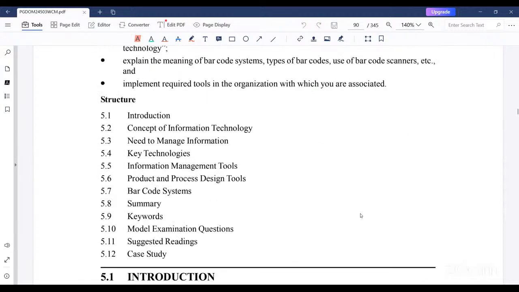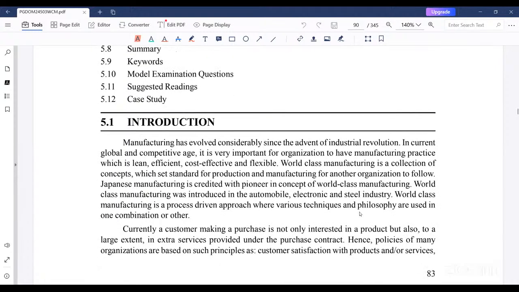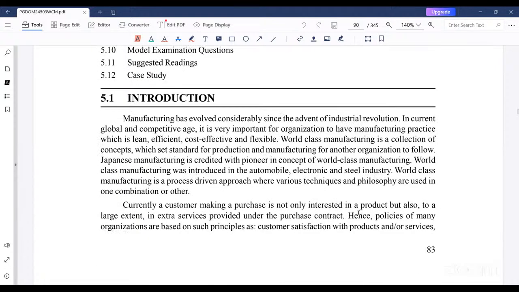So when we talk about this, in any industry you take, from the industrial revolution to the current global and competitive age, it's very important for any manufacturing concern to update themselves as per the requirements of customer needs.